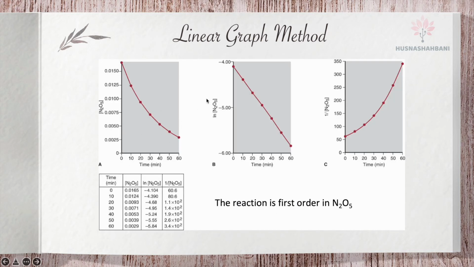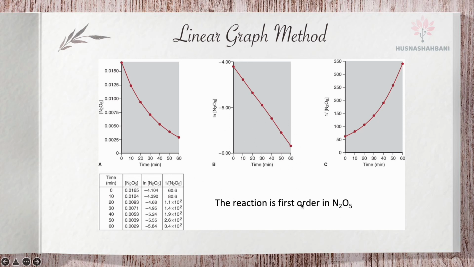For example, for this one, you plot three graphs. This is for the zero order graph, first order graph, and second order graph. The first order graph shows the linear graph, so the reaction is first order in N2O5.